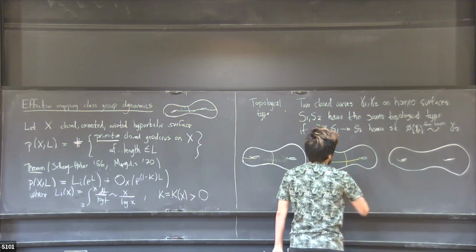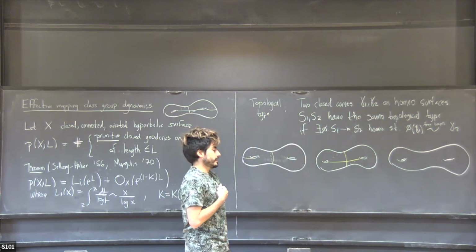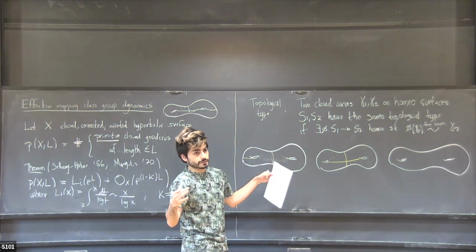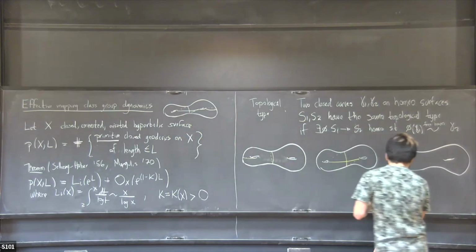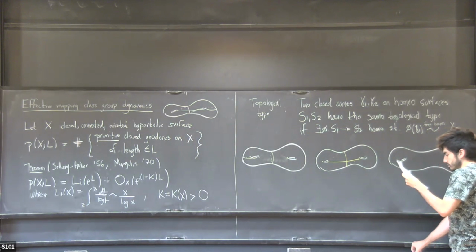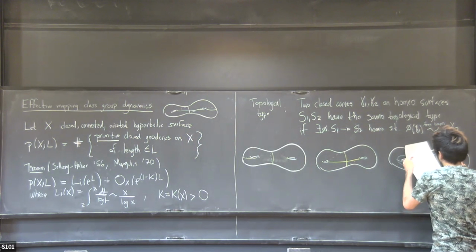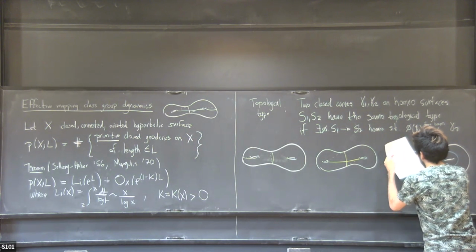So for instance, I might want to look at curves that have one intersection, but even more, I want to look at curves that see the whole surface, meaning that they cut the surface into disks. So that's what we usually call a filling curve. And it might be hard to draw one out of your imagination, so I have a little picture here to help me.